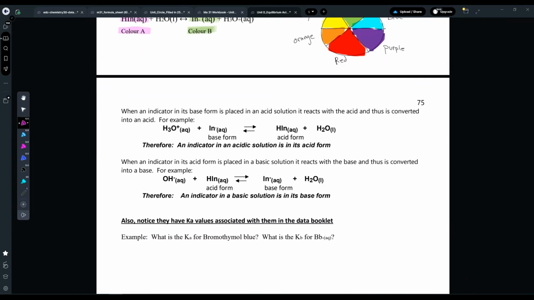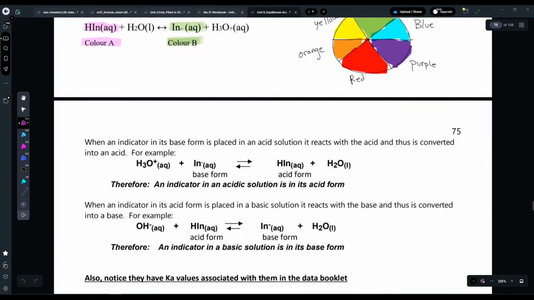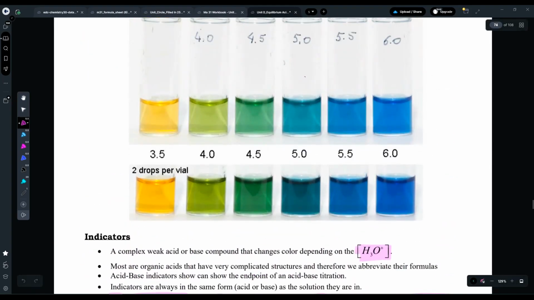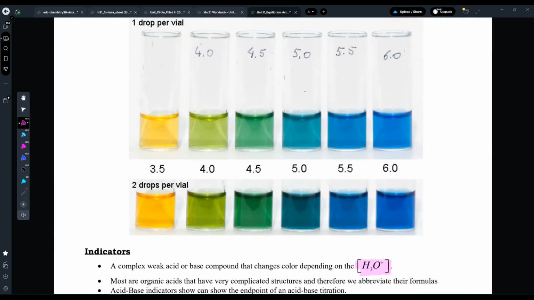So as we previously discussed, when an indicator is in a more acidic solution, it will react with that solution to produce the more acidic form of that indicator, which is going to be a specific color. So for the example of bromocresol green, the indicator reacts with the solution to produce more acidic molecules of the bromocresol green indicator, which turns the solution a yellow color.